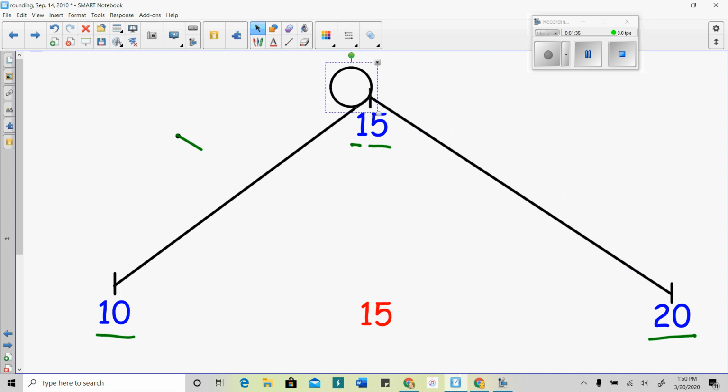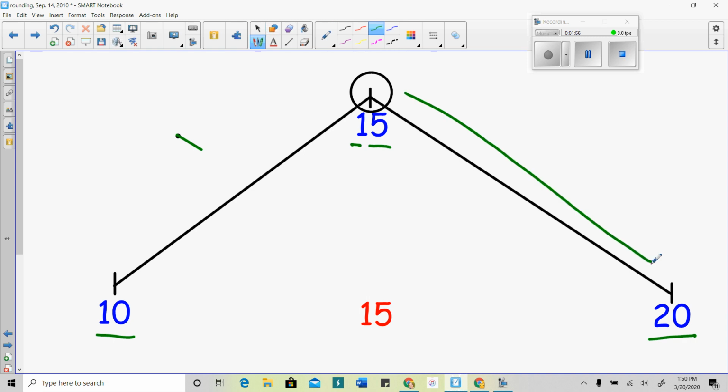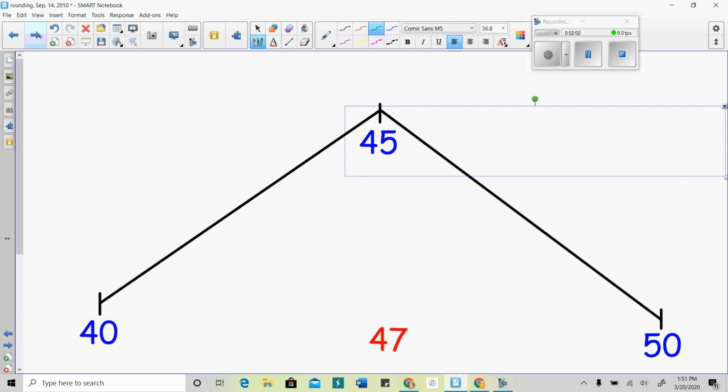So when you're rounding, if you make it as high as the 4 in the ones place, like 14, you're going to round back down to 10. But if you can just crest the mountain, make it to the top where the 15 is, you can roll back down the other side. So 15 would be at the top, so it would end up rolling down the other side, and it would round to 20.